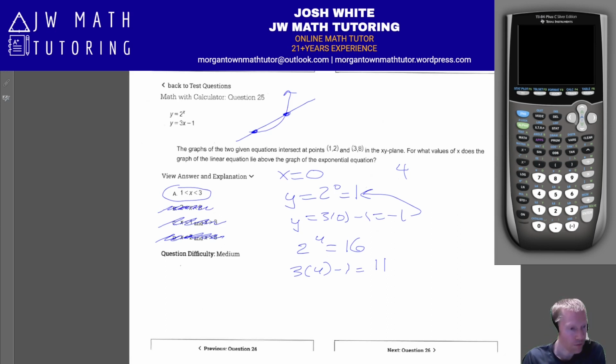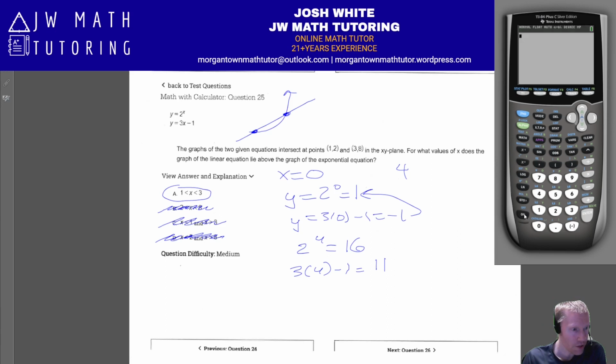Now, the third method you could do is just go to the graphing calculator and plot out both of these functions. So we're going to do 2 to the x, and we're going to do 3x minus 1. Also, I just want to reset the graphing window just so we've got the nice, standard negative 10 to positive 10 view of this.